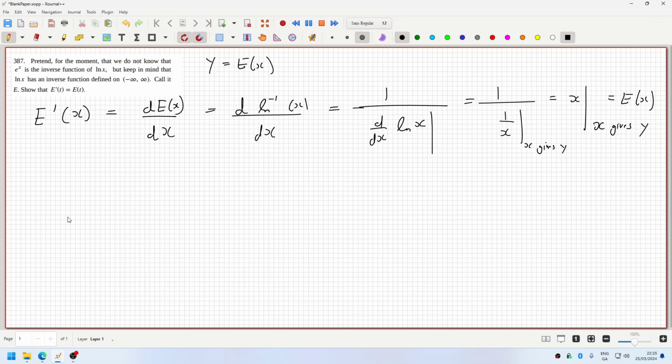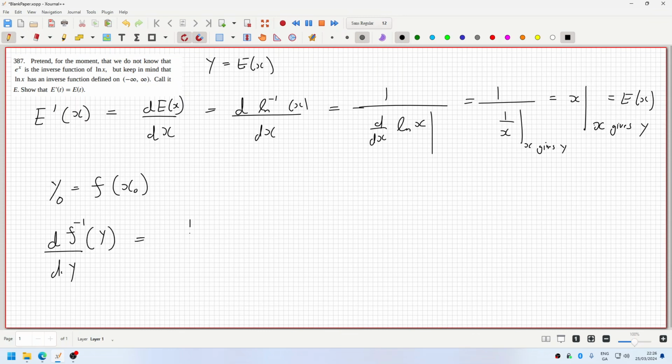So if you just remember the theorem, suppose you have y0 equals f of x0, and then you want the derivative of the inverse function at some particular point, call it y. So maybe we should use the y variable here.